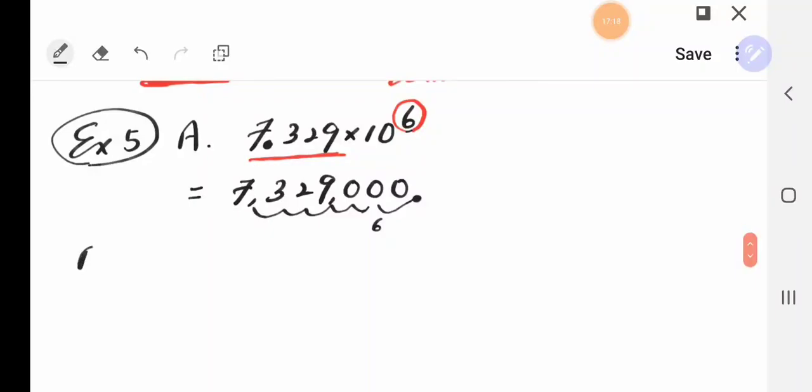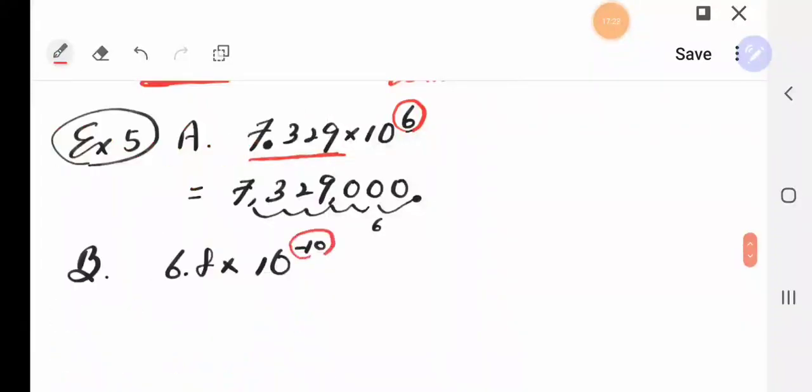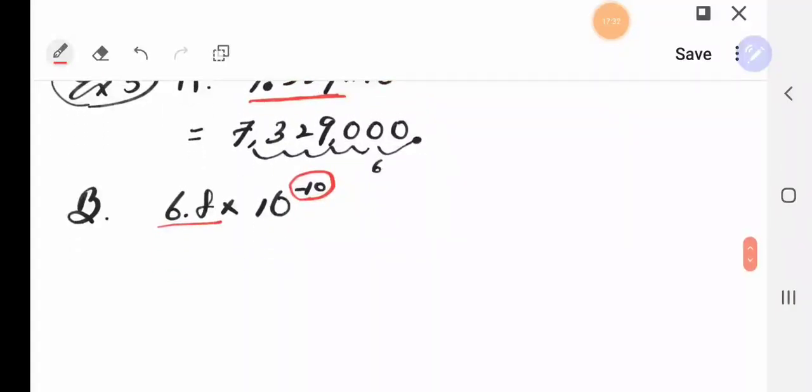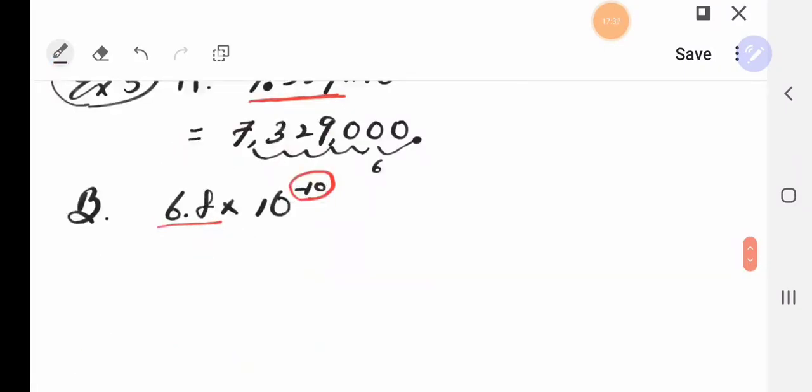How about B? 6.8 times 10 to the negative 10th power. The exponent is negative, so we want to make this number small. 6.8 will be small and smaller. In order to make it small, the decimal point should move to the left.